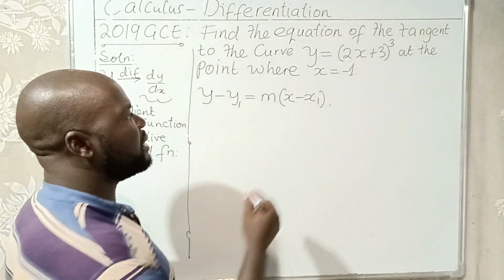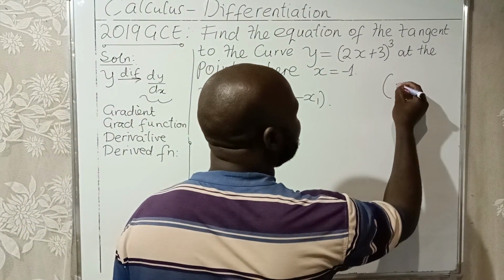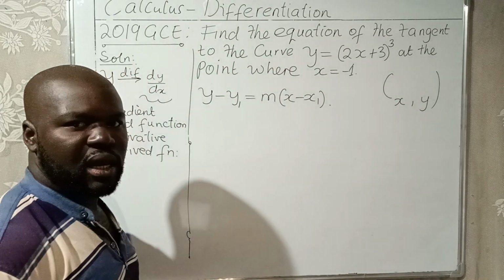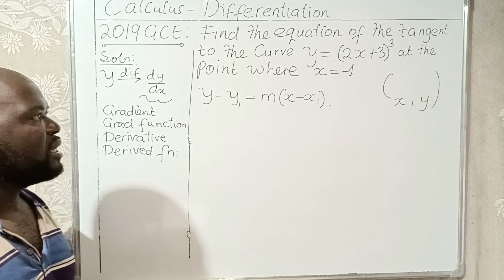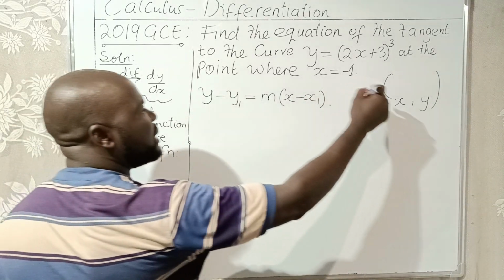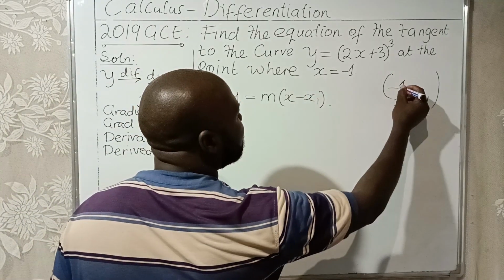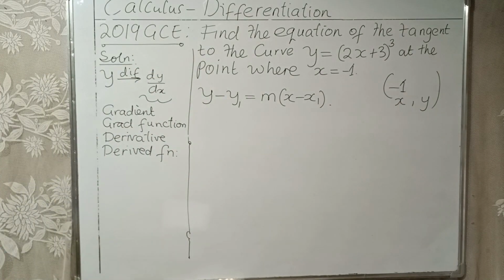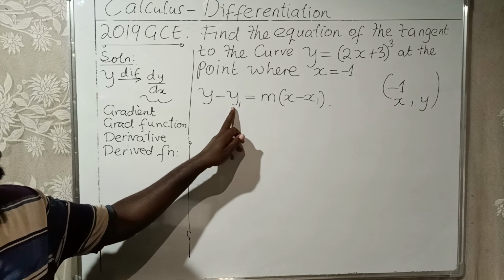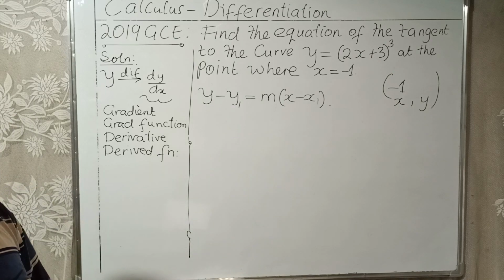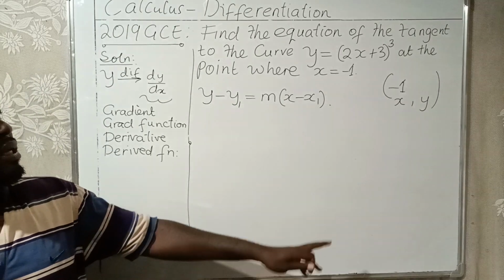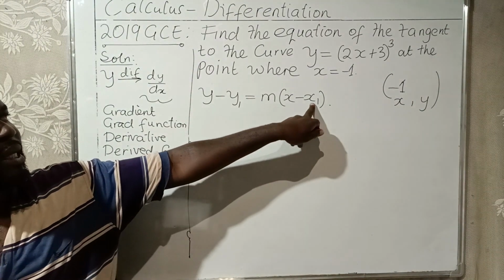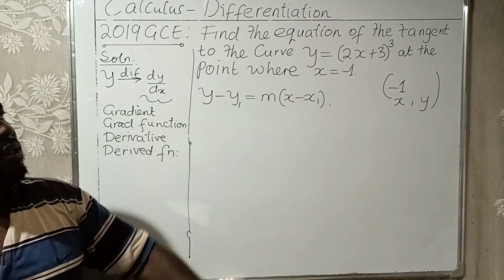That coordinate should be in the form x comma y, but we are only given the x coordinate, which is -1. We are not given the y coordinate. We are only given the x coordinate, which we are supposed to substitute for x1.